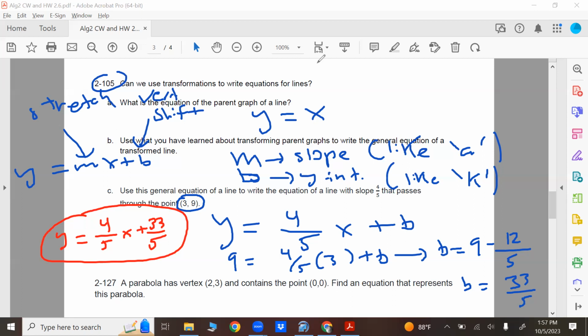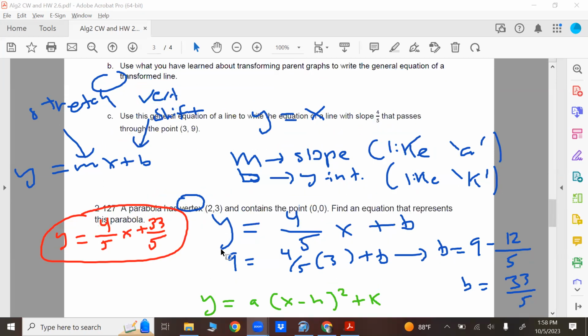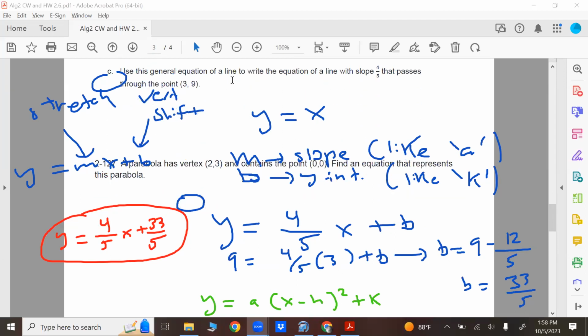Actually, I'll get the last one set up. So the vertex is 2, 3. So we're going to start with this, right? And I'm just going to move my screen. I'll shift everything up. Don't worry.